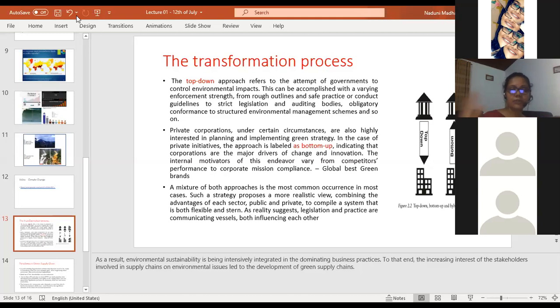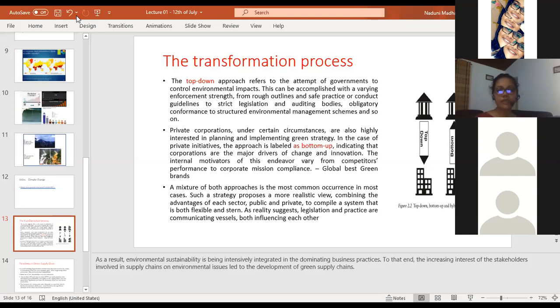But when it comes to the bottom-up approach, the business organizations themselves realize the importance of shifting from the traditional supply chain to green supply chain. As a result, they might do innovations, just like Sarit mentioned, MAS wants to cut down their energy wastage by 75% by 2025. Likewise, companies themselves create initiatives to shift from the traditional supply chain to green supply chain.